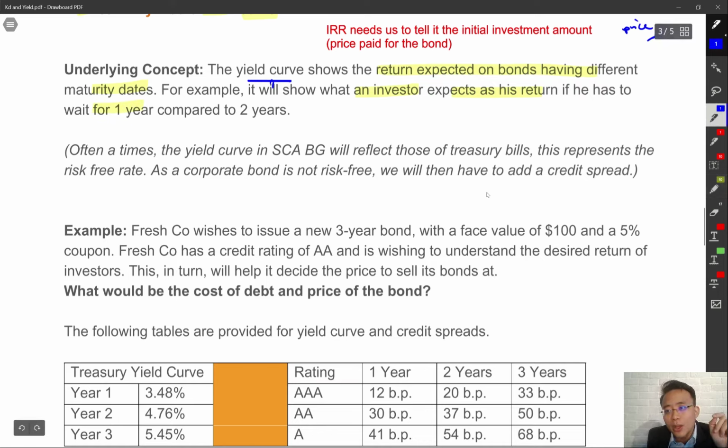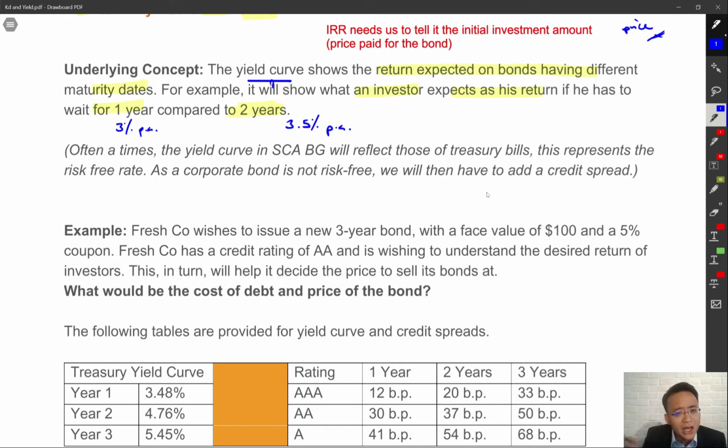Example, if you make me wait for 1 year, I might wish for 3% per year as my return. If you make me wait for 2 years, the yield curve will also show what the investor demands. If you make me wait for 2 years, maybe I will demand a bit more. I will want 3.5% per annum because you're making me wait longer.